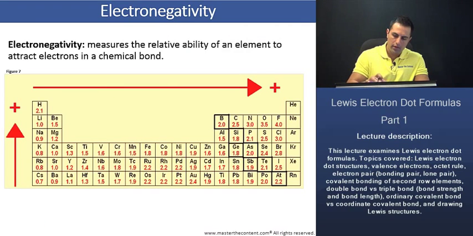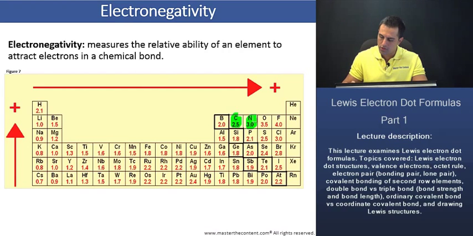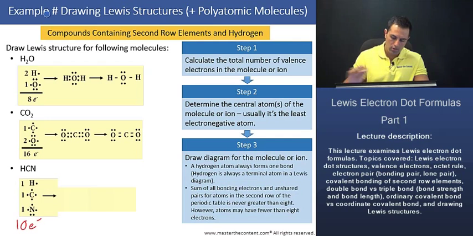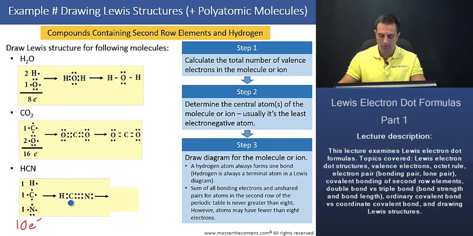With their positions on the periodic table, carbon is to the left and is not as electronegative as nitrogen, thus carbon is going to be our central atom.